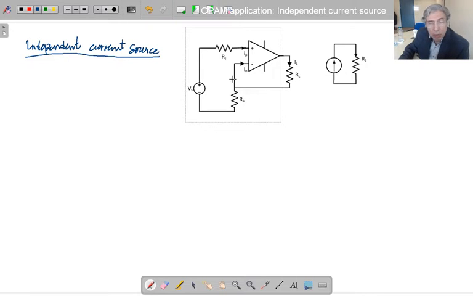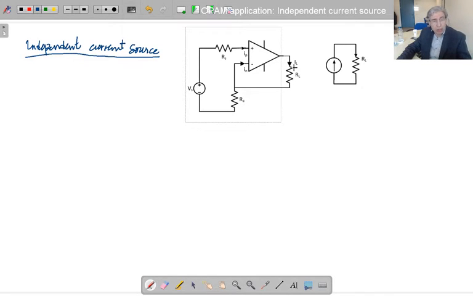What does this mean? Whatever you connect to this element, the current does not change. It is independent from the element which is connected to it. So whether you connect RL equal 50 ohm or 100 ohm or 1000 ohm, this independent current source gives you the same current.